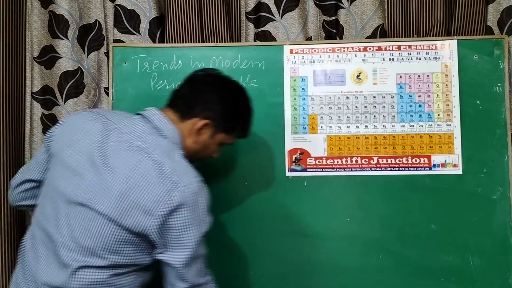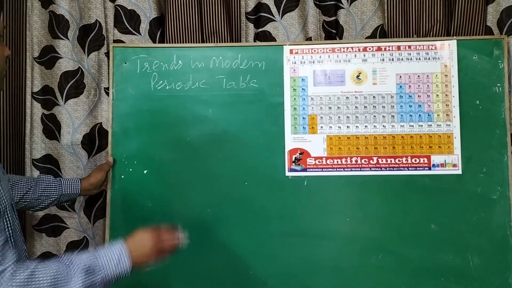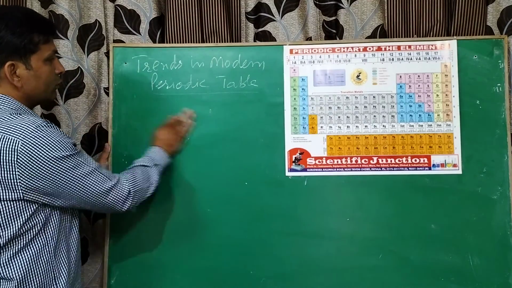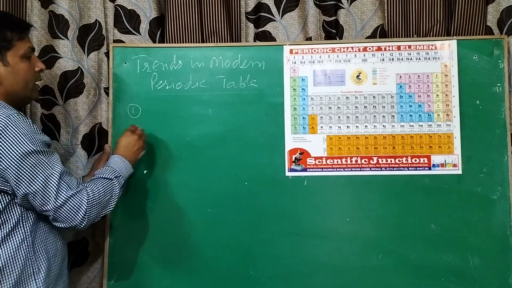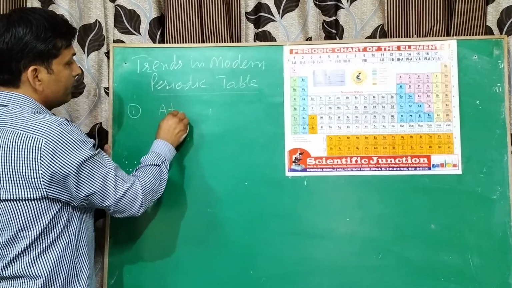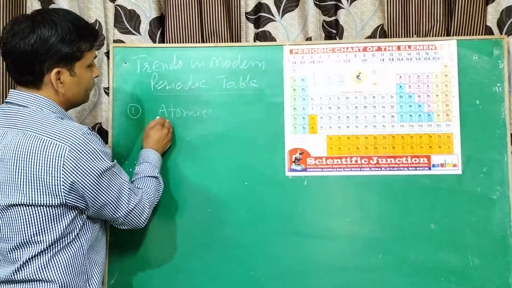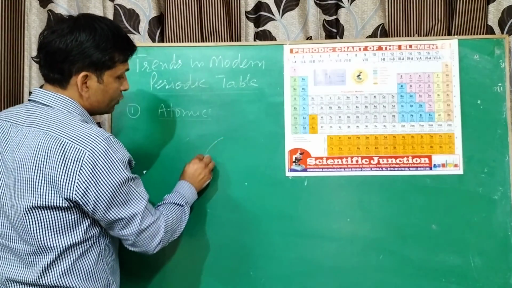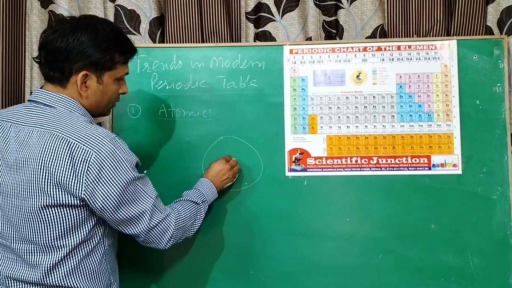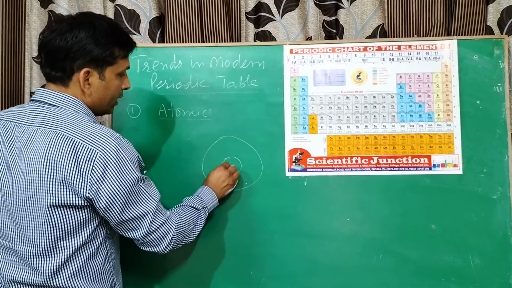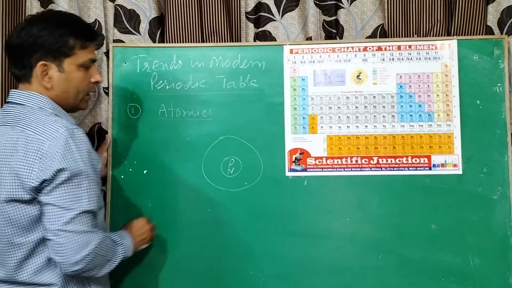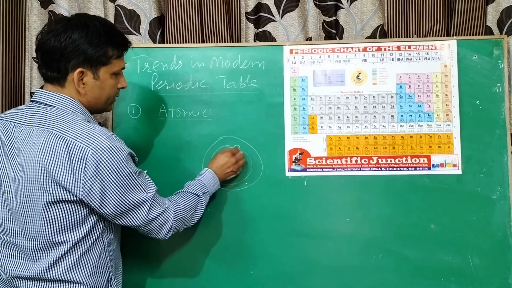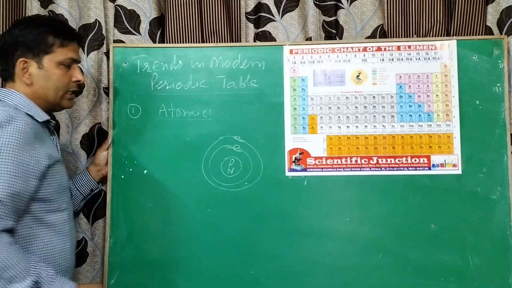First of all, we should know the common things that are necessary to understand the trends. First one is atomic size. This is also your first trend that we are to study. This is the structure of the atom. This is the nucleus. Here protons and neutrons are there, and electrons revolve around this in the shells.